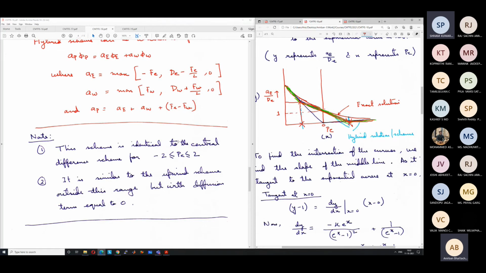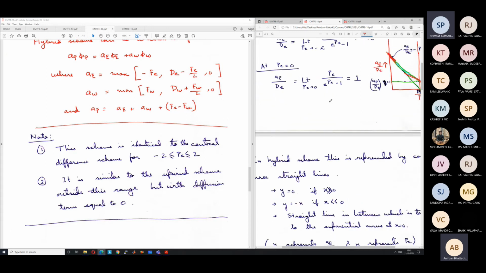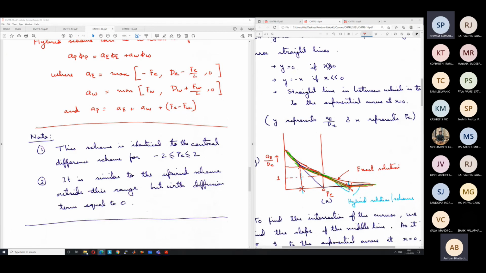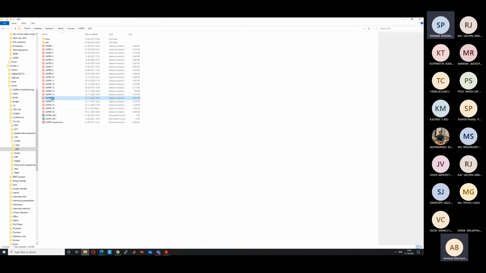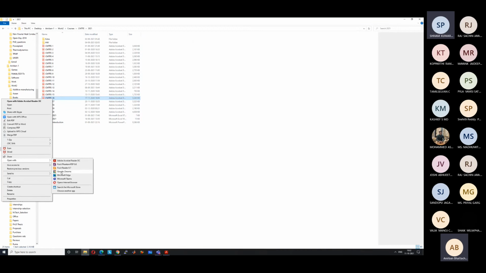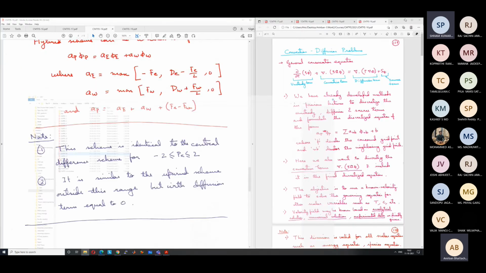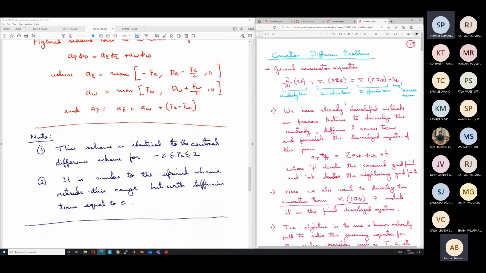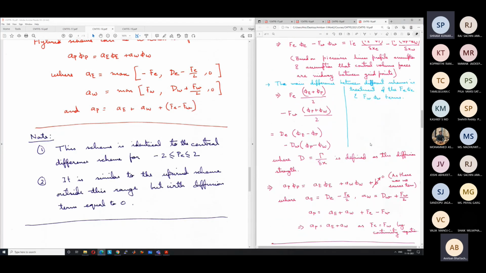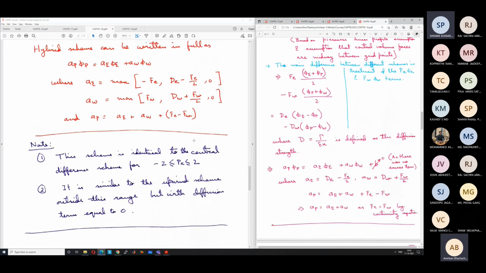So this scheme is identical, and you can compare later on your own, to the central difference scheme for P between minus 2 and plus 2. Okay, you can see here, this is for the central difference scheme.